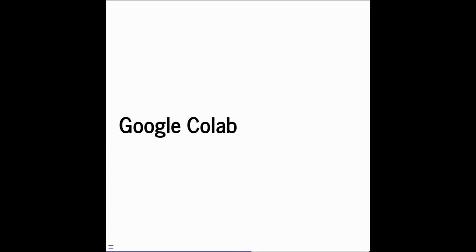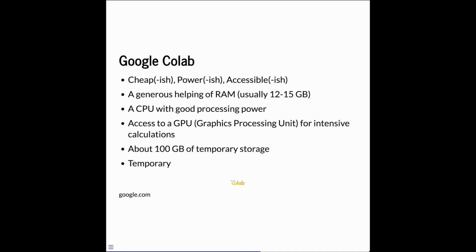Okay, and the next resource I want to talk about, and spend most time on really, is Google's Colab or Colaboratory offering. So Colab is another cloud service that's based on top of Google's vast hardware. Generally all you need to access it is a free Google account, and it scales up when you put in your credit card.